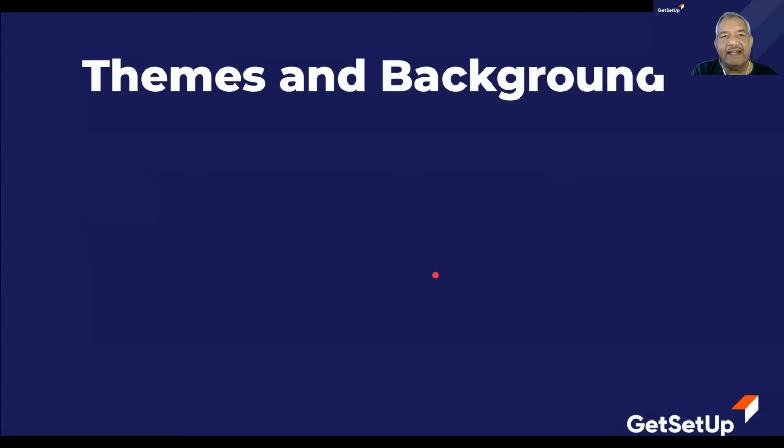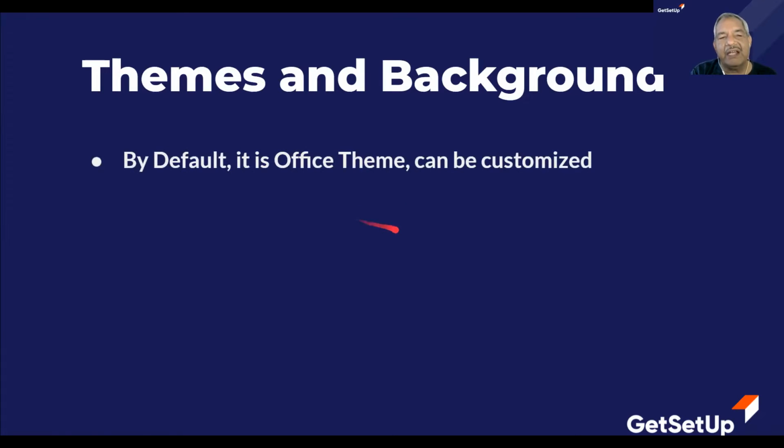With that, moving ahead, just a little bit of information about themes and background. By default in PowerPoint, it is the Office theme. Office theme means that the slide background is white in color.